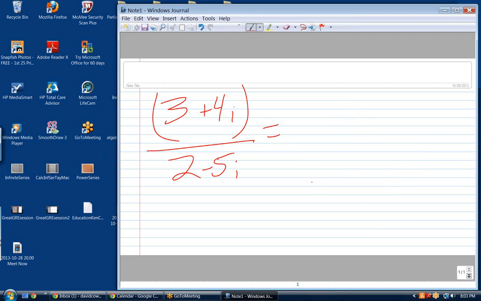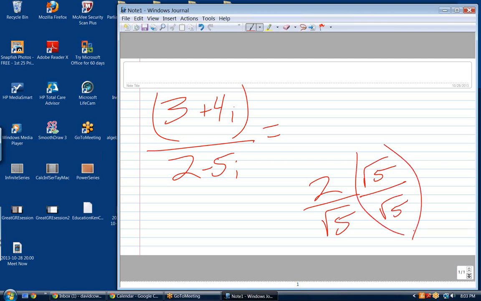If I gave you an answer like this, what would you do to make that a proper mathematical expression? Multiply by the denominator over the denominator. In other words, we can multiply a fraction by 1 without changing its value.